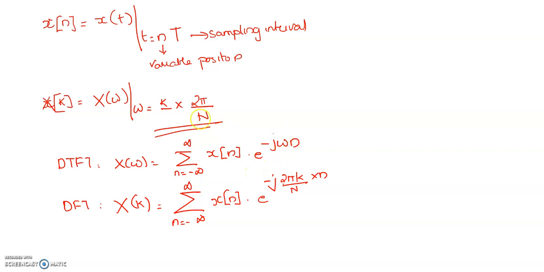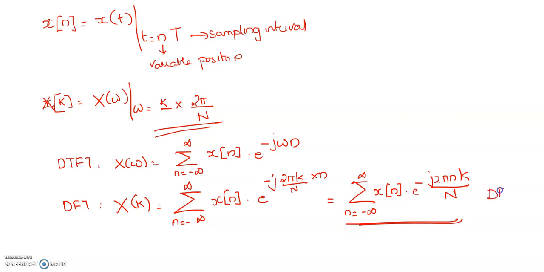We are substituting omega with 2 pi by N into k, and hence the final formula becomes the summation from n equal to minus infinity to infinity of x of n e raised to minus j 2 pi n k by capital N. So this is the formula for DFT.